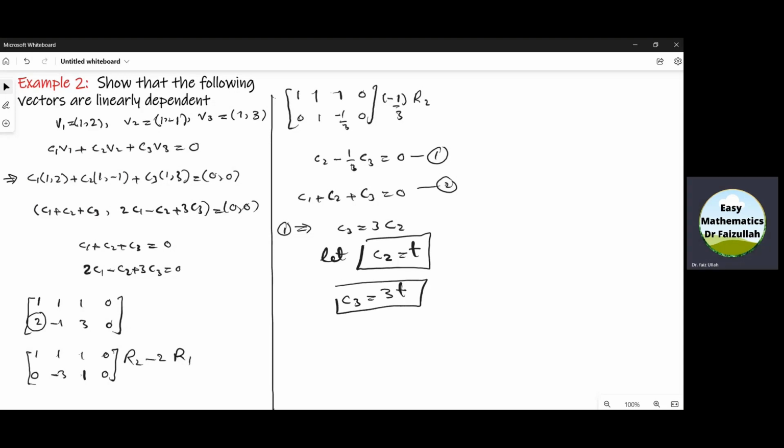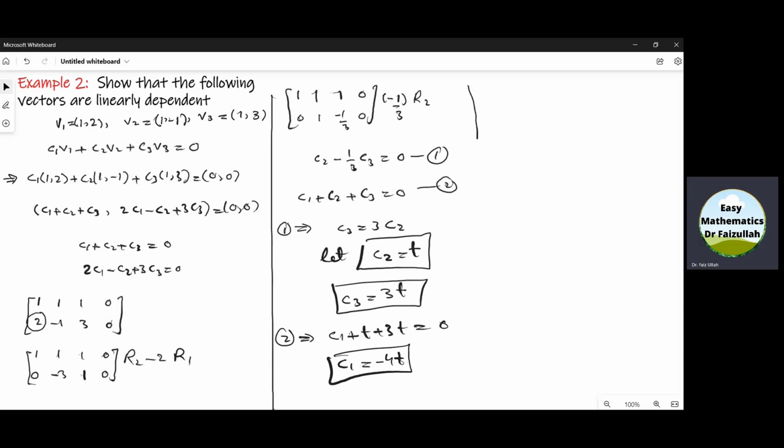Now using the value of C2 and C3 in 2, we get C1 plus C2 is t and C3 is 3t. This is equal to 0. From this we get C1 is equal to minus 4t.